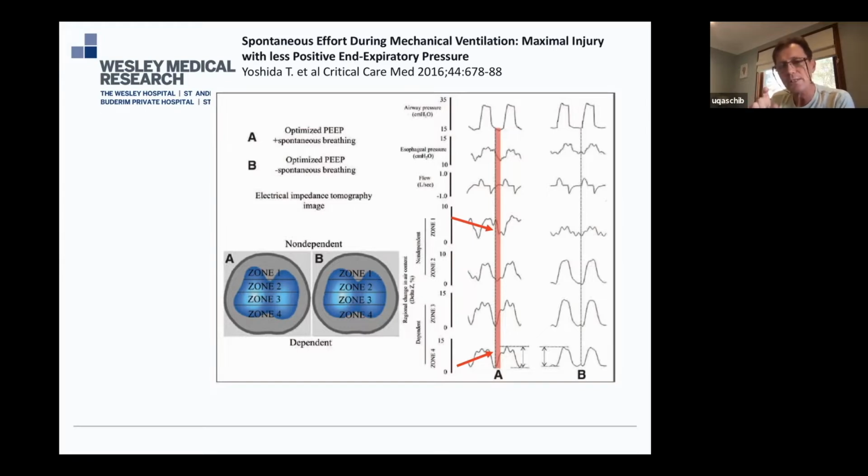By adjusting the PEEP and finding the right PEEP, you can achieve with pure pressure-controlled ventilation a similar volume distribution effect as you would like to have during spontaneous breathing. So that means you almost overcome the negative effect that we've seen in the previous slide by pressure-controlled ventilation purely by adjusting the PEEP. Does that make sense?